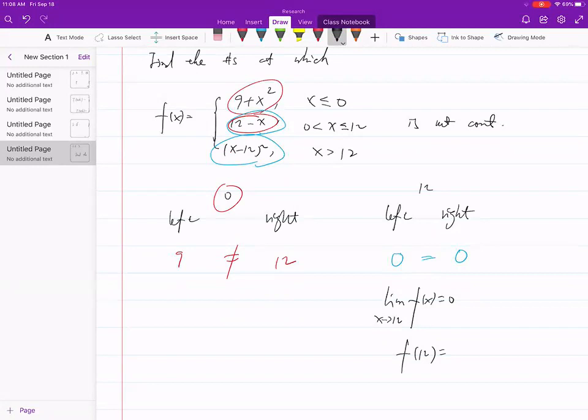For 12 exactly, it's here. You should do 12 minus 12, which is 0. Are they the same? Therefore, continuous. So my answer will be 0 and 12 are the only ones that can go wrong, and 0 is the one. So just type in 0.